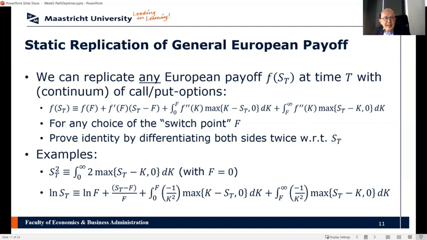And this variance can either be computed by taking the square, S squared, or you can take the logarithm of S, and if you then apply Ito's lemma, you also see that the variance of the stock price in the Black-Scholes world appears over here. So these payoffs and these replication formulas are really used in the real world. For example, in the definition of the payoff of a variance contract known as the volatility index, the VIX.